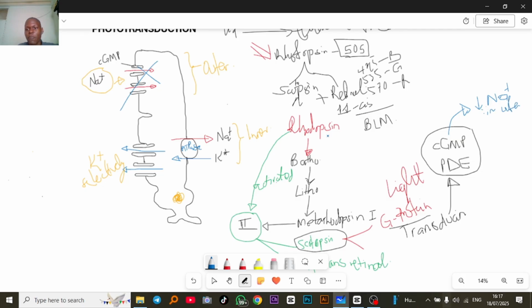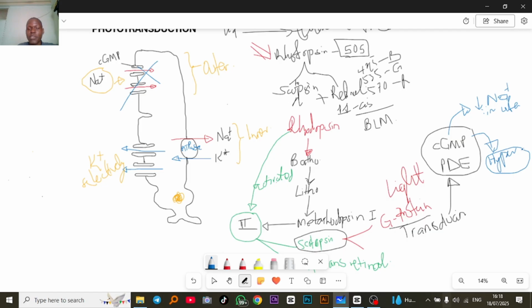However, we still have pumping of sodium ions in the inner segment outside of the cell. So what will be the effect of this? The effect of this will be that you will have hyperpolarization because you are reducing the net positive charge within the cell.